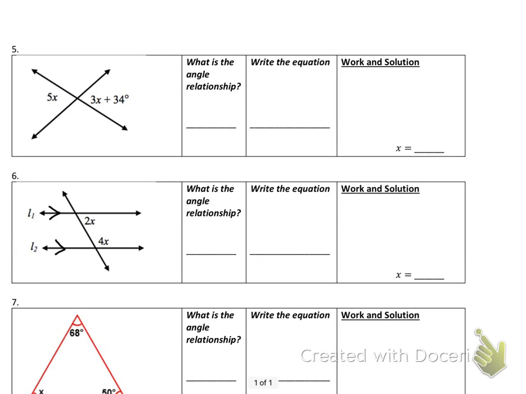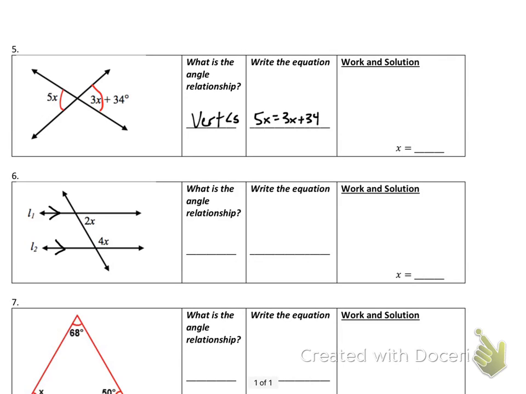All right, next two, we can kind of make it a little more straightforward now. Angle relationship. 5x and 3x plus 34. What is that angle relationship? Vertical angles. All right, vertical angles. We know that these are congruent. So 5x equals 3x plus 34.